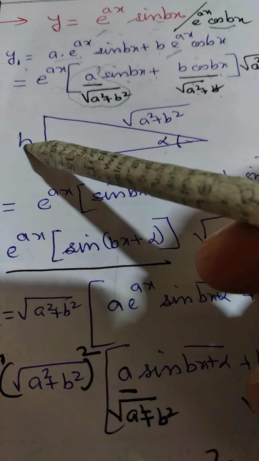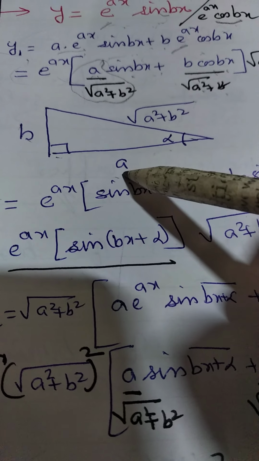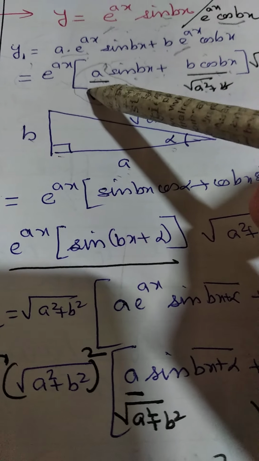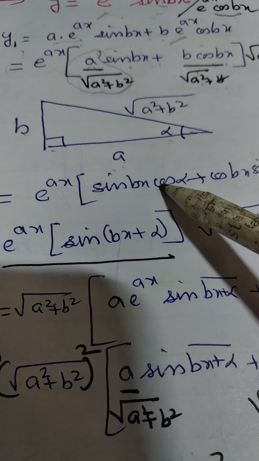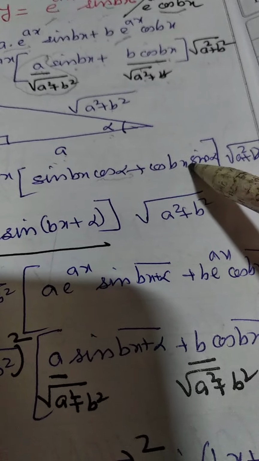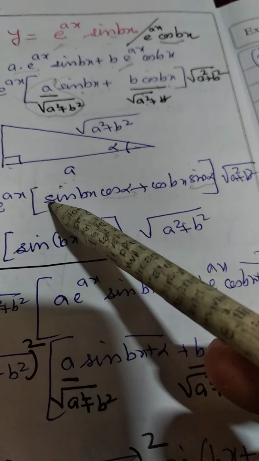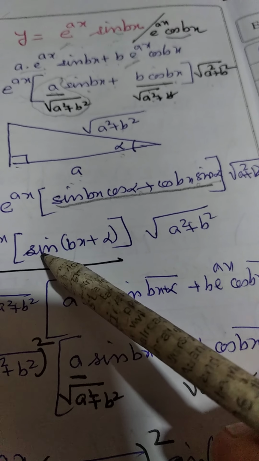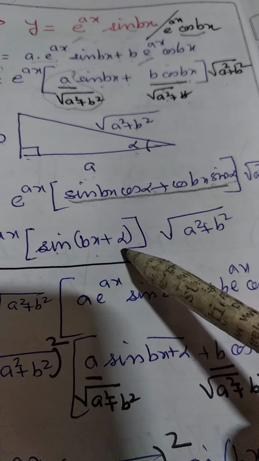So if you take this as b and this as a, then a upon root a square plus b square is cos of alpha. So that reduces this ratio in the form of cos, and b upon this will be sin alpha. Hence the whole expression now takes the form of sin of bx plus alpha.